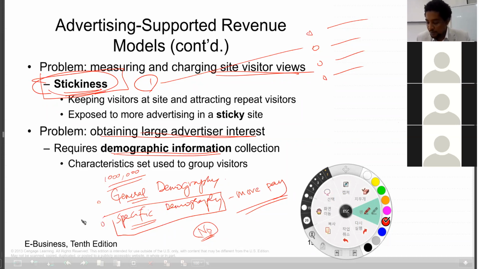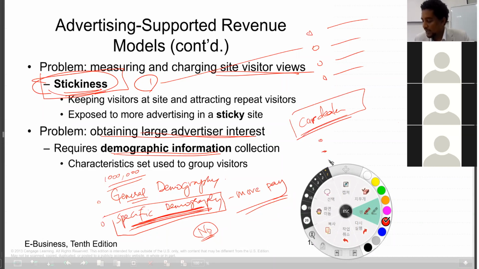But when web businesses use specific demographics, as I said, the example could be, for example, a web business called car dealer, let's say, okay? If there is a car dealer business, the car dealer sells cars of all types. For example, they sell Kia, they sell Hyundai, they sell Ford, they sell all types of cars, okay?